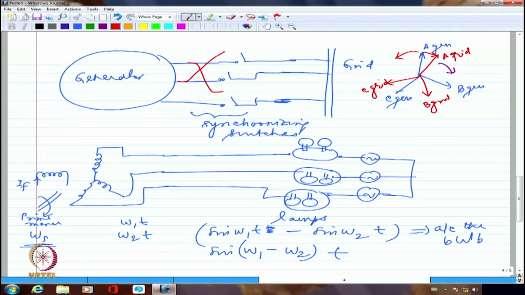That is not in my hands. So I have to change only the two terminals of my generator. Interchange them as far as the connection is concerned. Then the phase sequence will match. So now we know how to match the magnitude, how to match the frequency, and how to match the phase sequence.